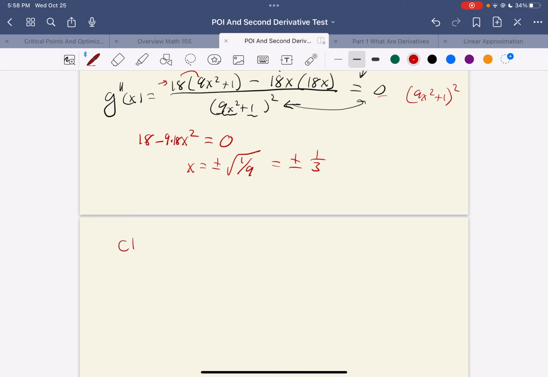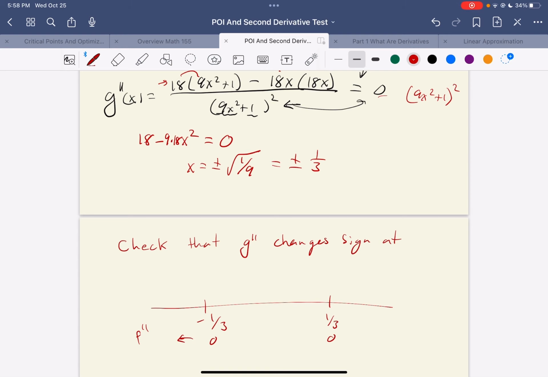So now we need to check that g double prime changes sign at each of negative 1/3 and positive 1/3. So at these spots, f double prime is 0. Okay, what about over in this region? Let's plug in something less than negative 1/3.